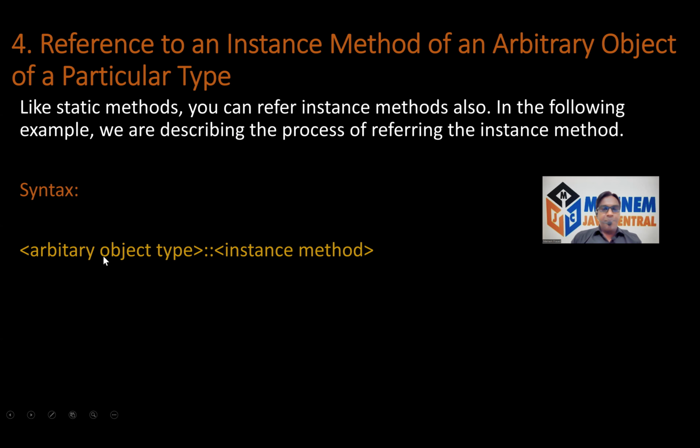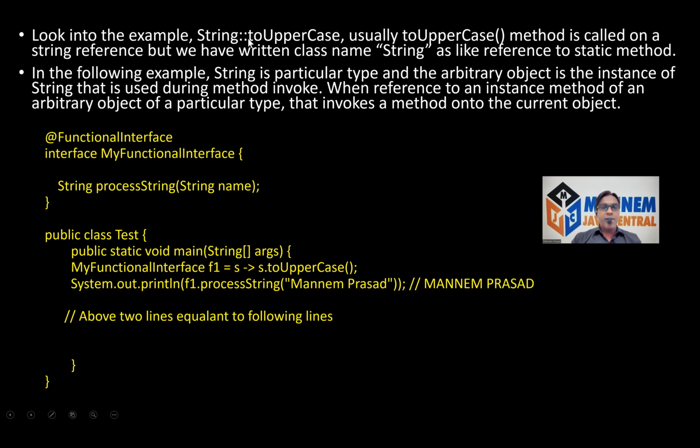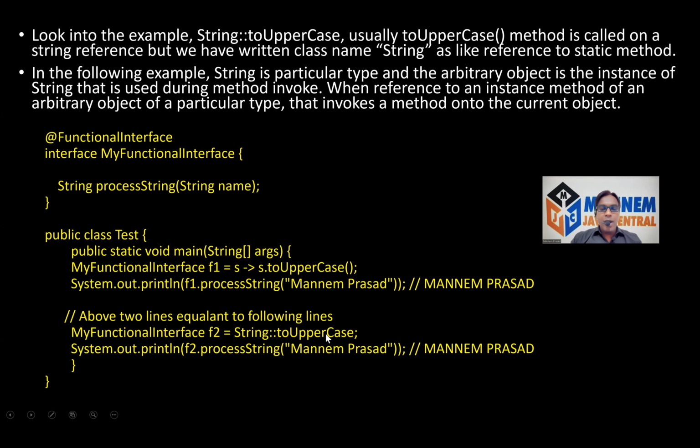So look into this example, String double colon operator toUpperCase. Usually, the toUpperCase method is called on a string reference. But we have written the class name String as a reference to a static method. See here, so the toUpperCase method, we are calling from the String class like a static method.